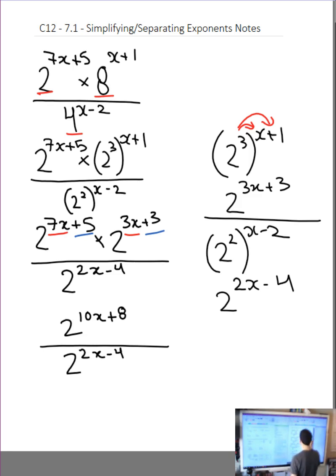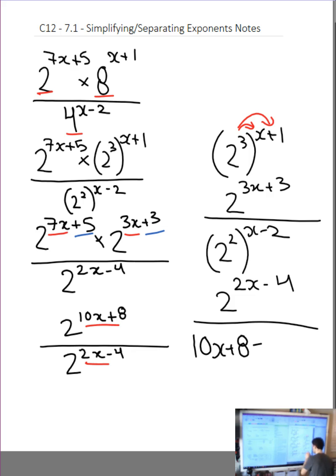Now, I'm going to be subtracting this from this. Now, that is going to be way more complicated. I'm going to do that off to the right. So we have 10x plus 8 minus 2x minus 4.